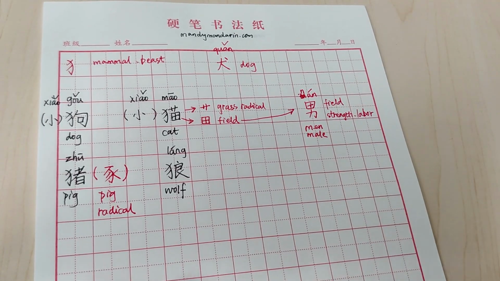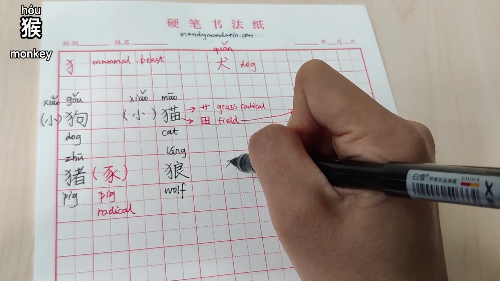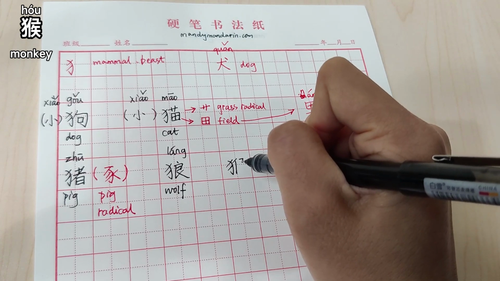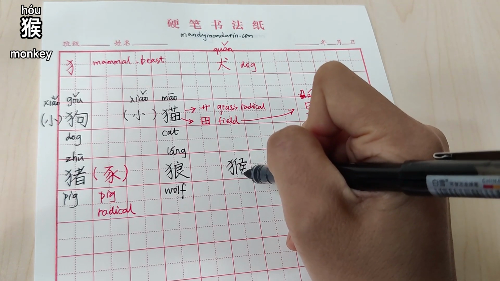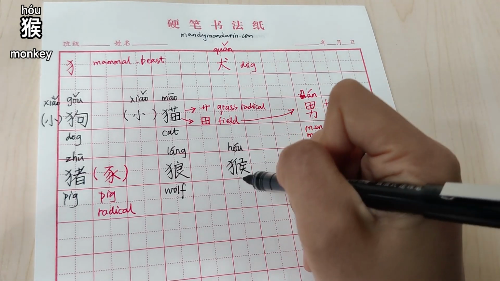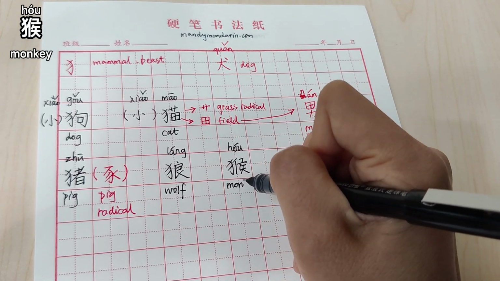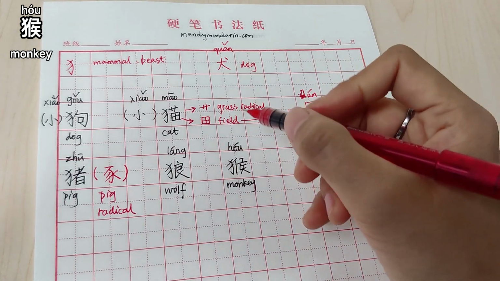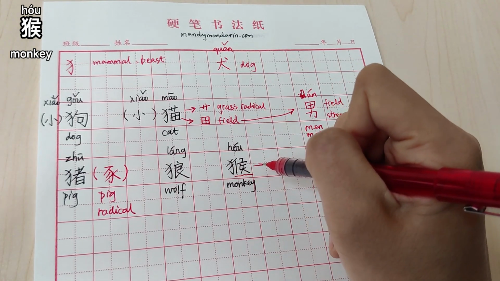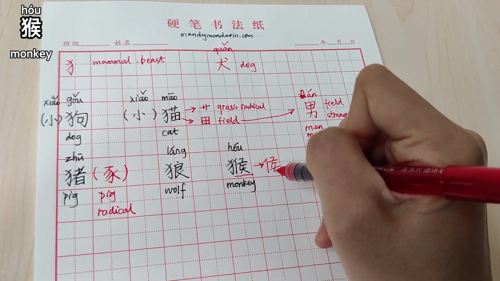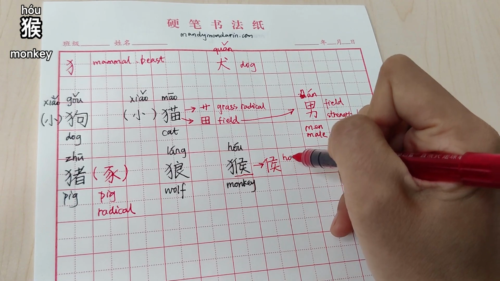And the next one, hou, meaning monkey. So let's see, the right side of the hou, this is the hou.